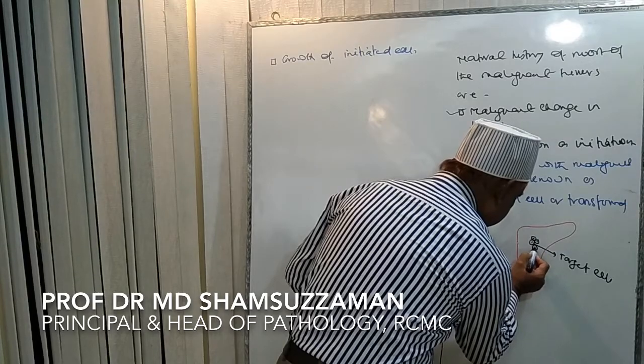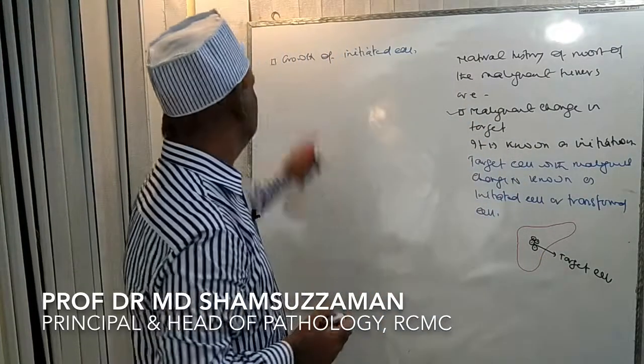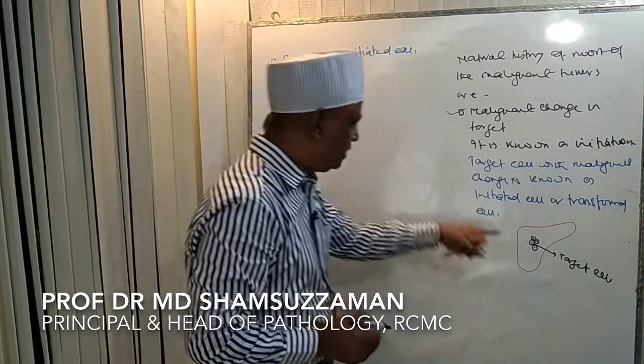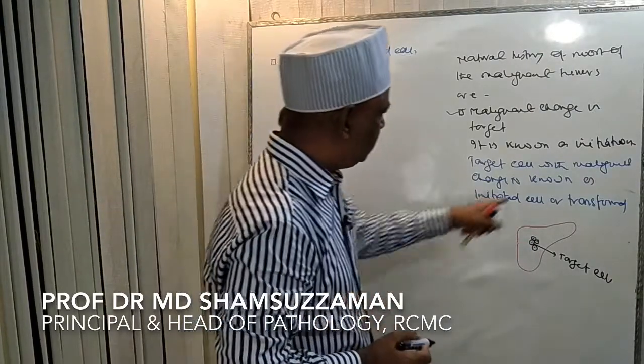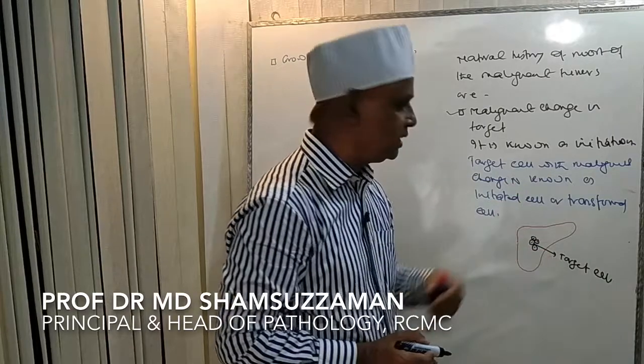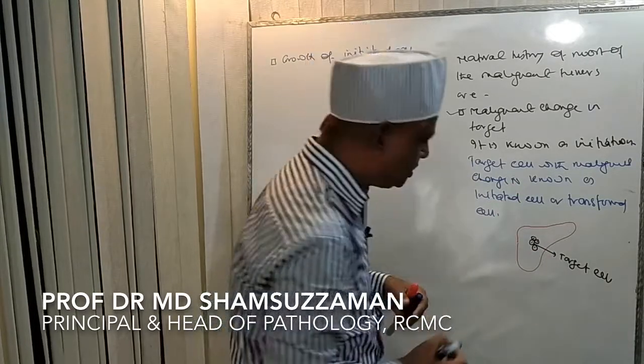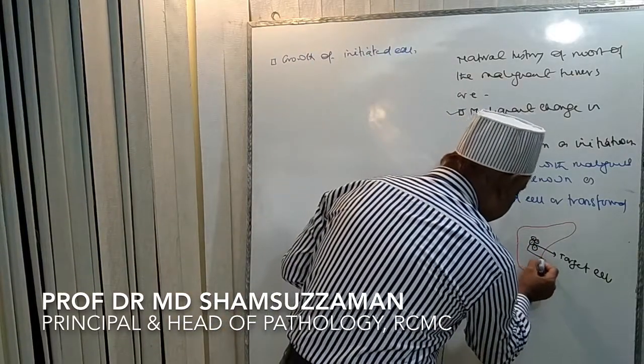So growth of initiated cell means the initiated cell undergoes multiplication. Again, the target cell with the malignant change is known as initiated cell. So this is initiated cell.